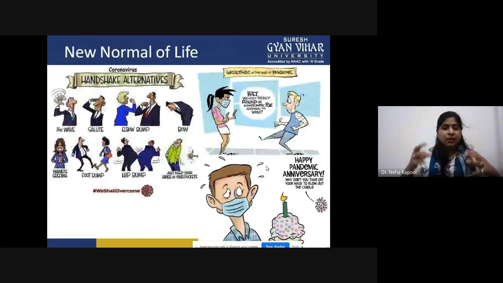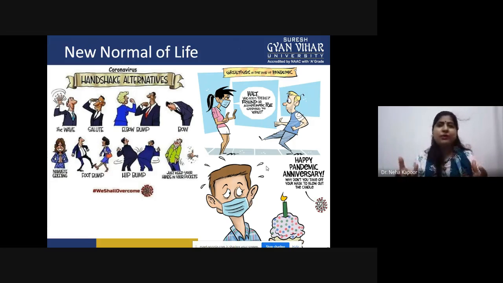In the current COVID scenario, our new normal of life is that our handshakes have changed. We are using alternatives: either waving our hand, or elbow bumps, or namaste, which is quite in trend. It has been almost 1 year that the COVID-19 pandemic is still here all around the world, and everybody is worried about it.